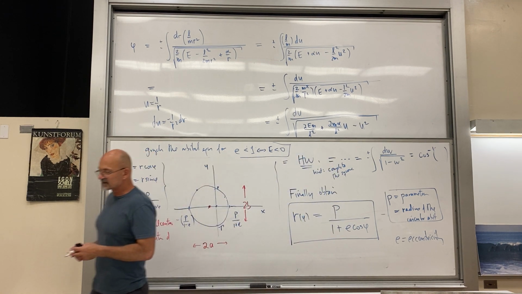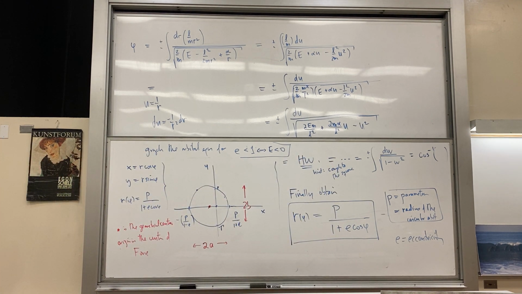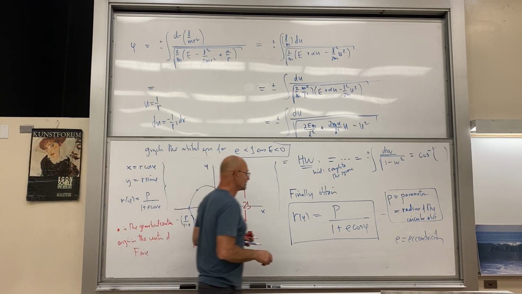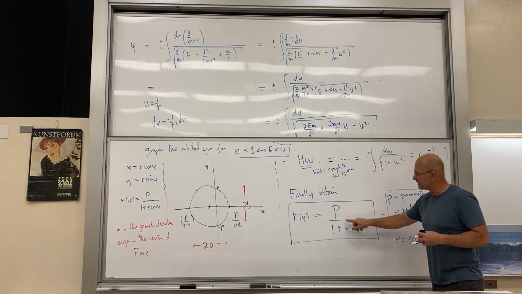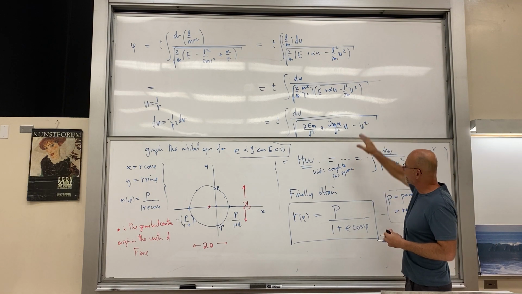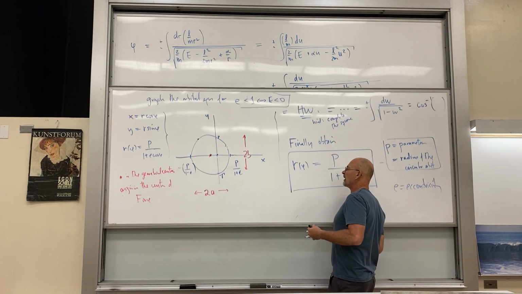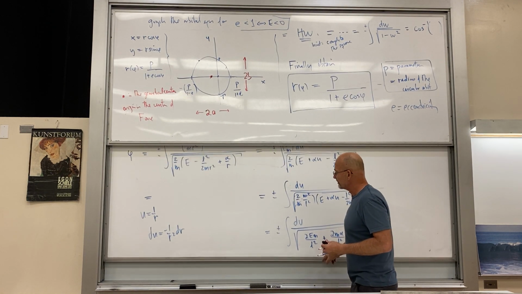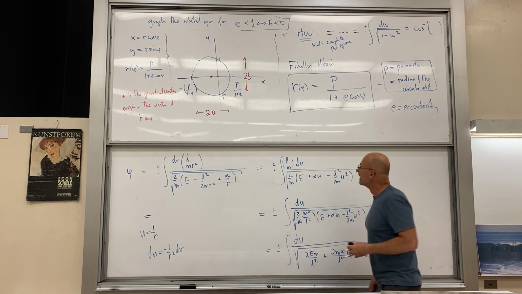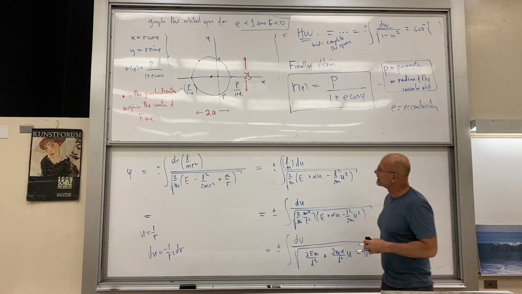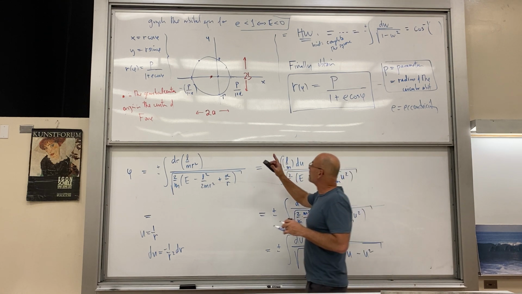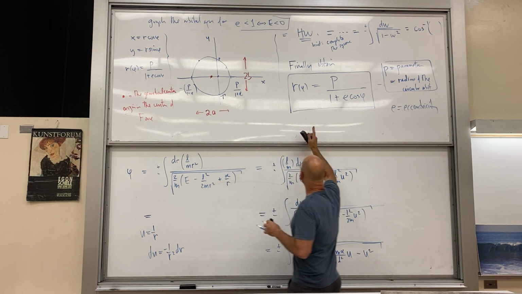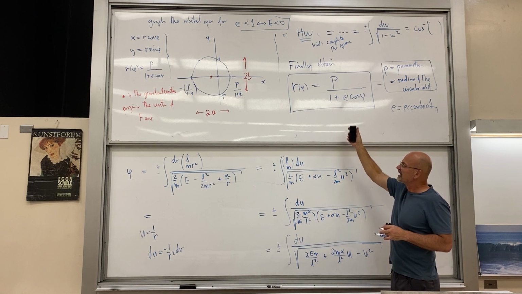Okay, let's check the clock again. All right, let's see what's next. So we get that. Like I said, you can look these up and then work backwards and make sure you get that integration. So our next task, and I'm going to assign that as well, is to prove that this here really is an ellipse.